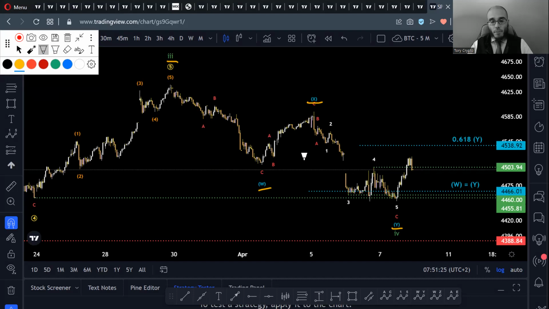The last wave down, wave Y, is subdivided into an A, B, C, and the wave C subdivides into 5 waves, and it is probable that we had wave 1, wave 2, wave 3, wave 4, and a truncation for wave 5.